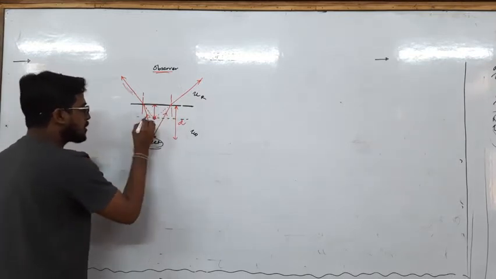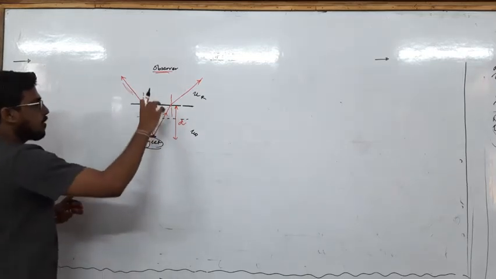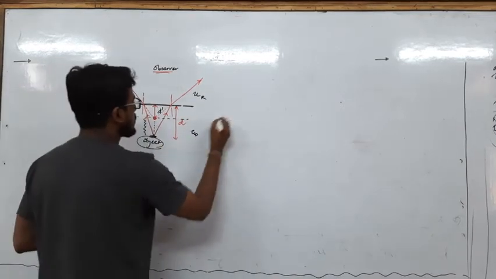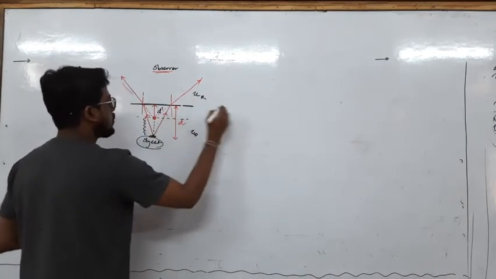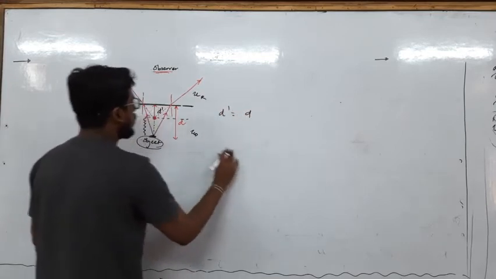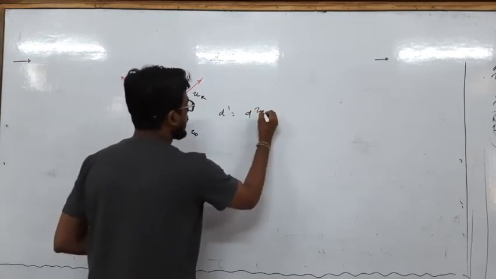So here the shift will be how much, or the depth, this much depth will be d dash. D dash will be how much? If light travels from here to here, we already described that d dash equals d into mu r by mu d, as light travels from denser to rarer.